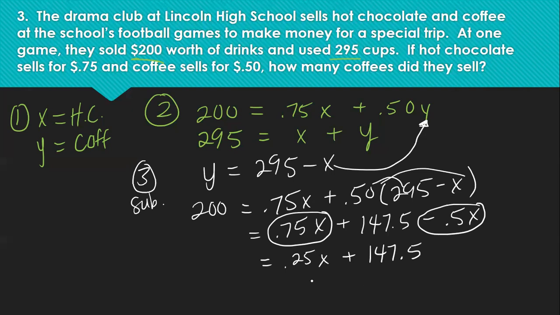Okay. So now we're down to this. It's just a two-step situation here. And what are the two steps that take place? We subtract and then divide. So we end up with 200 minus 147.5 gives me what? Let me do that real quick.